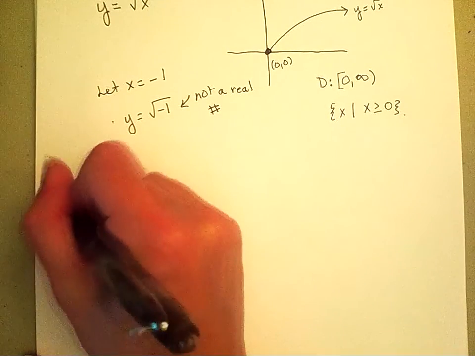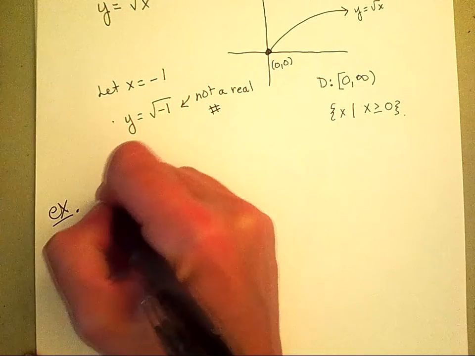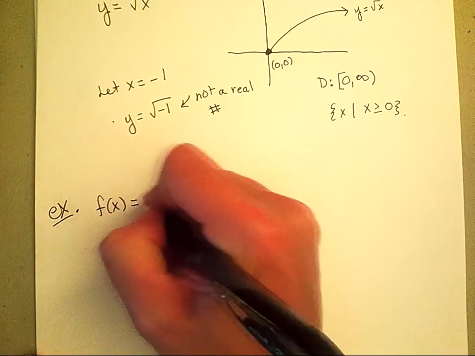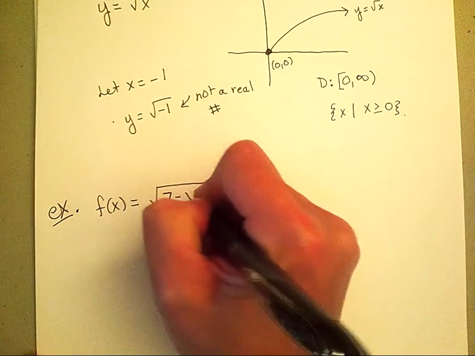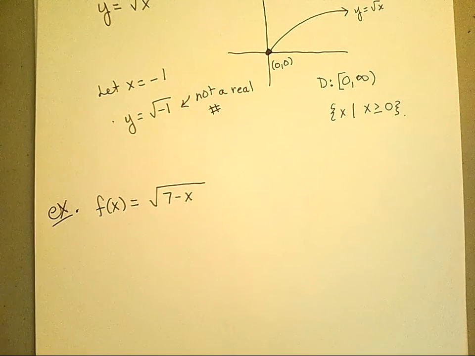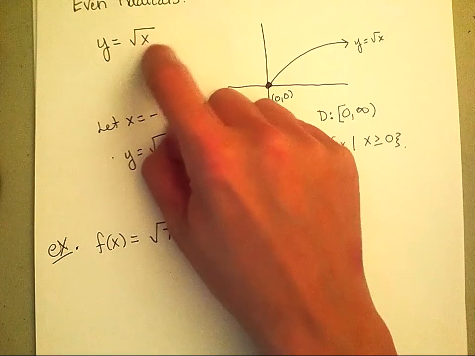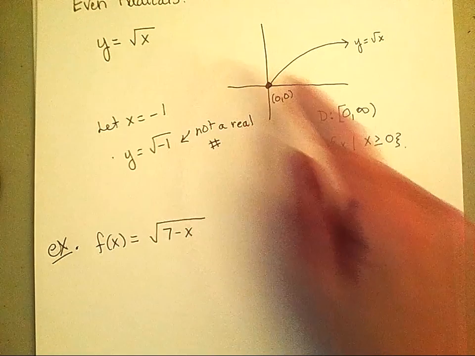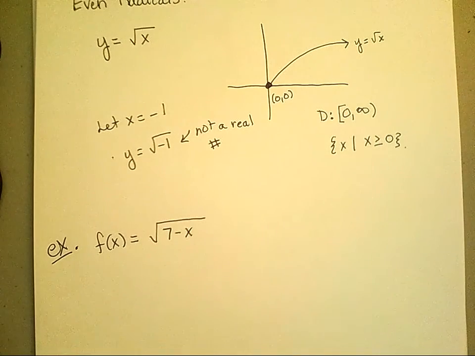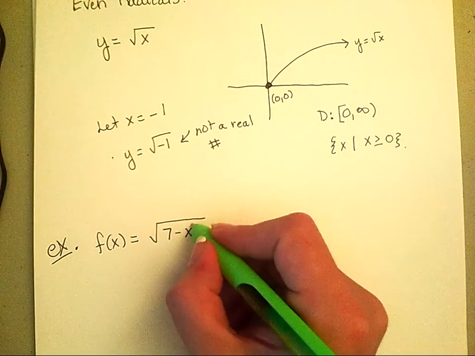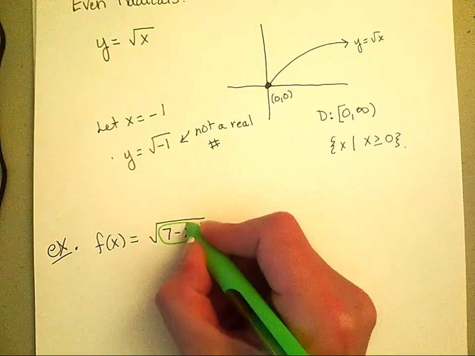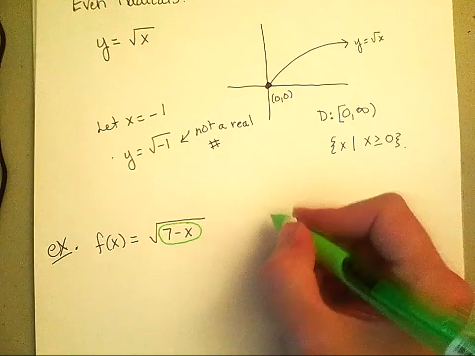So how, for example, does that affect a function like this? Say f of x is equal to the square root of 7 minus x. Now here we knew that whatever value of x had to stay greater than or equal to 0. But now it's not just the square root of x. We have this entire value under the square root.